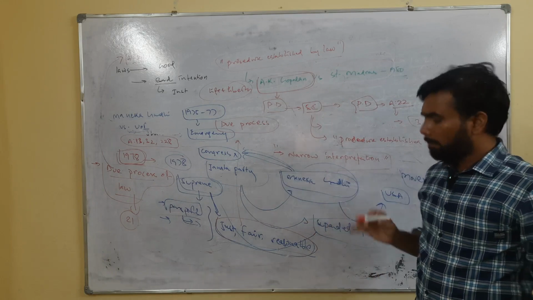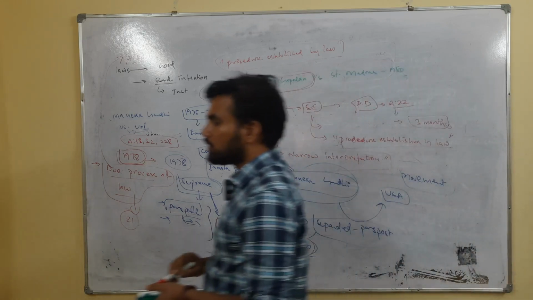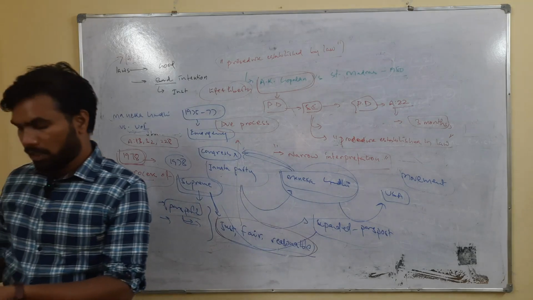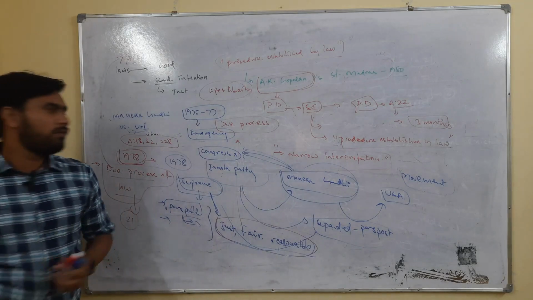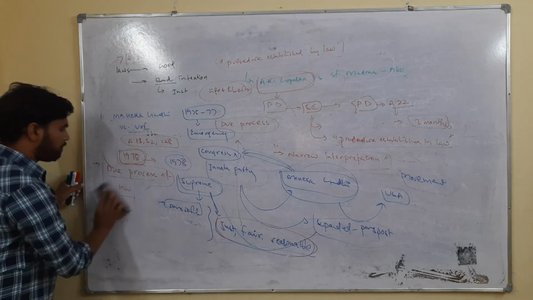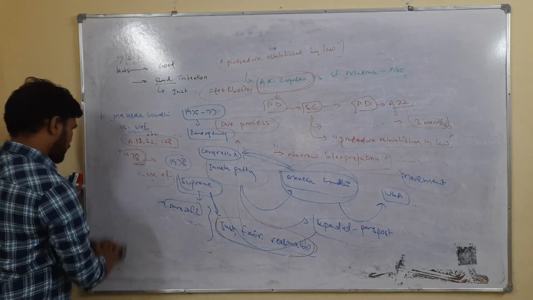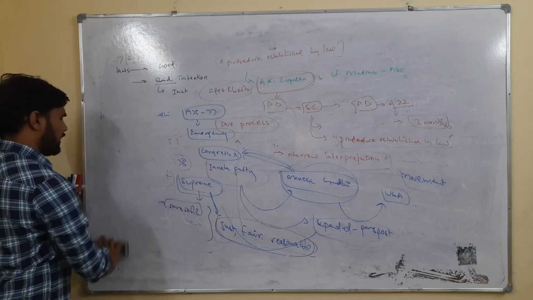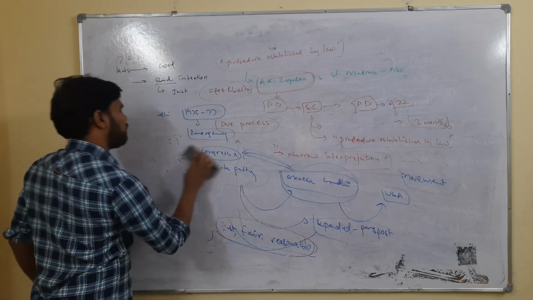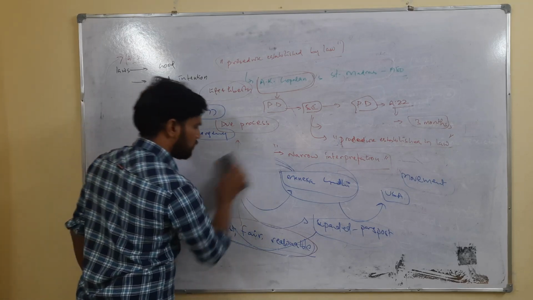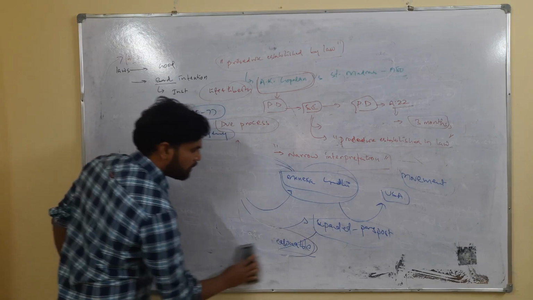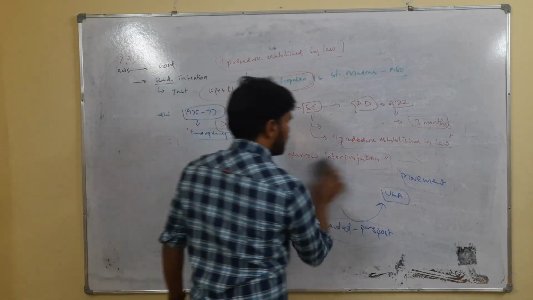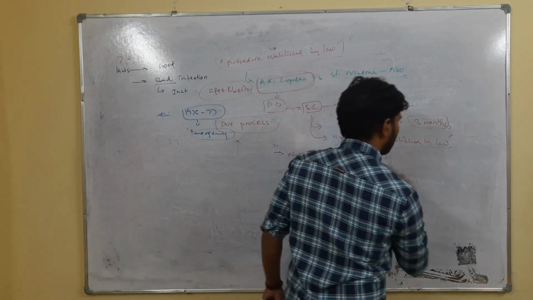So this is the concept of procedure established by law and due process of law. Remember, originally the Supreme Court was not mentioning due process of law until 1978. It was simply following the procedure established by law, and the interpretation was very narrow with respect to Article 21.